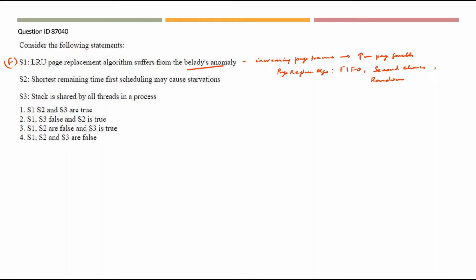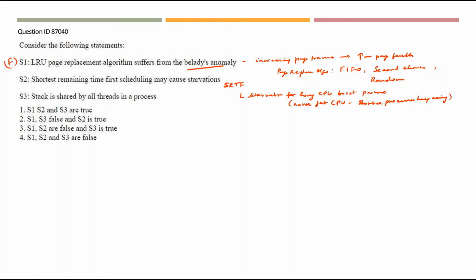S2: shortest remaining time first, SRTF, may cause starvation. When a process doesn't get the CPU, it is called starvation. SRTF will cause starvation for long CPU burst processes because they never get the CPU. They don't get the CPU because shorter processes keep coming.